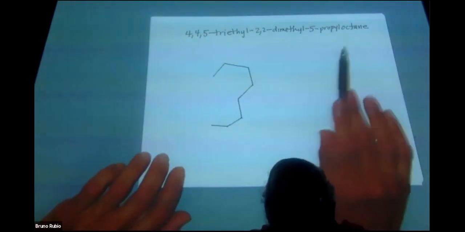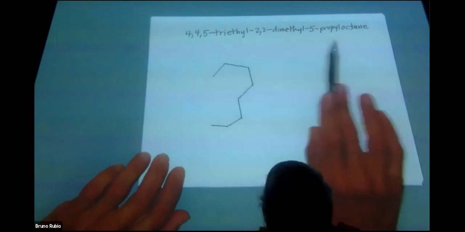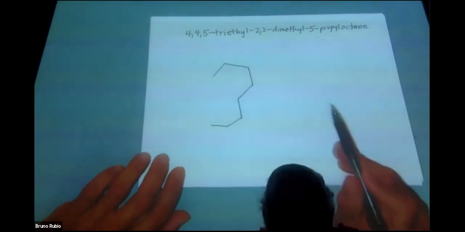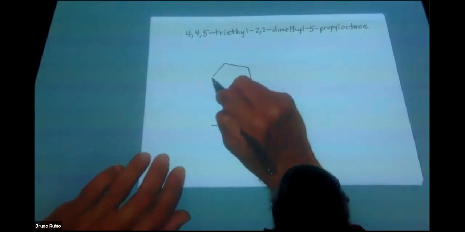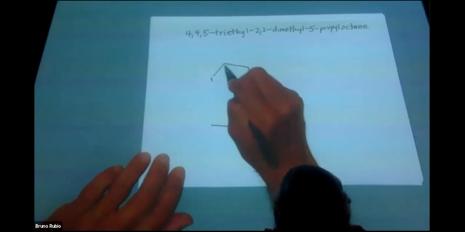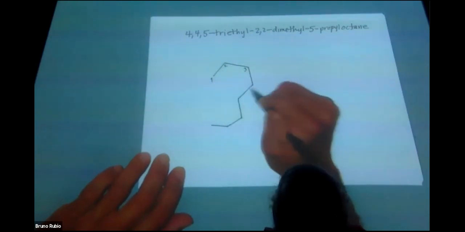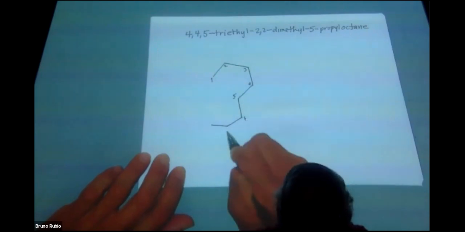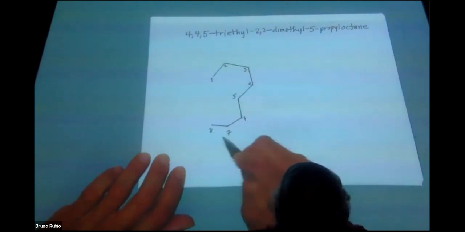And now we number the carbons. We have to start numbering from the end of a chain. So that could be carbon 1, carbon 2, carbon 3, carbon 4, 5, 6, 7, 8.